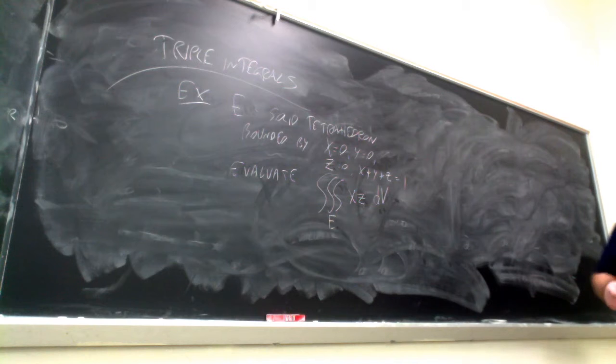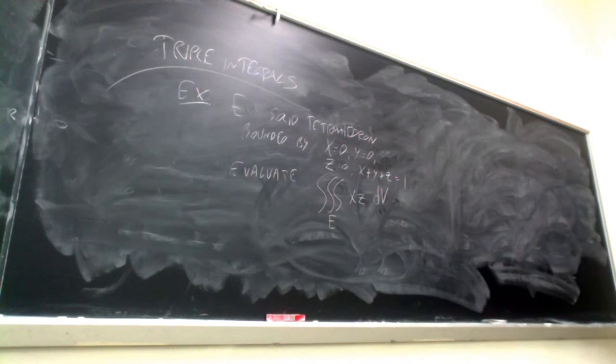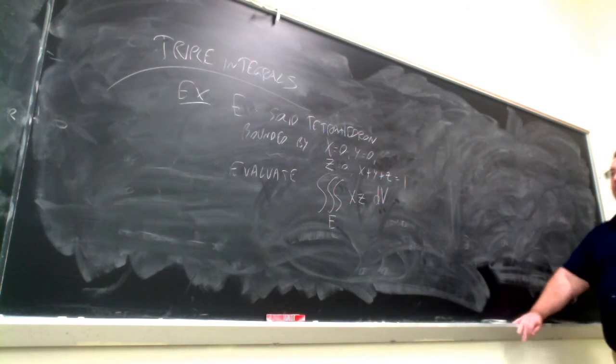Now, before I get into this, we know that a single integral is area under a curve, and a double integral is volume under a surface. What about a triple integral? Triple integrals can be used for volume if your integrand is 1. If you're integrating over a three-dimensional solid, it gives you the volume of the solid.